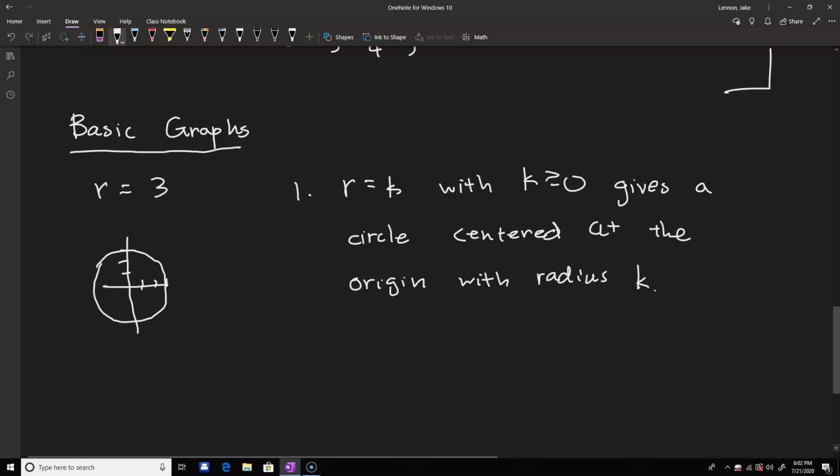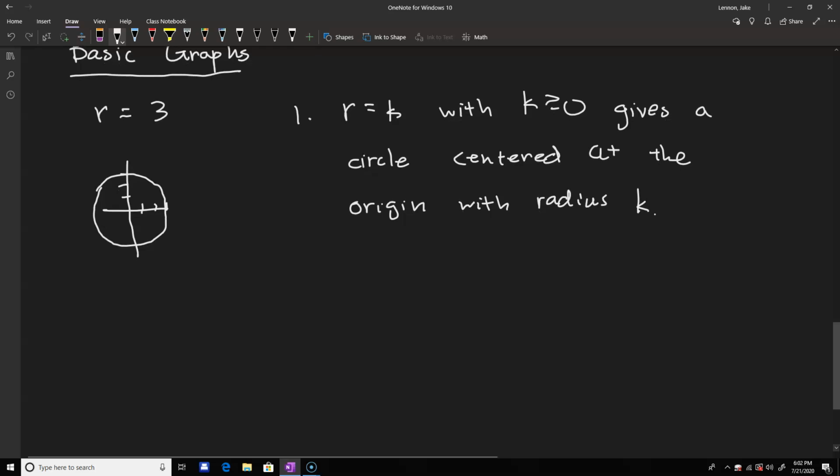Okay, what about if we let theta equal some constant value? What would that look like? Say we had theta equals pi over 4. What would we get? Well, we're basically all points on the angle pi over 4. So we're actually going to get the same exact graph as if we did y equals x.